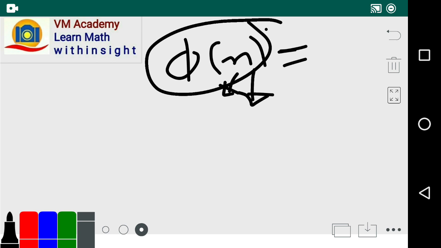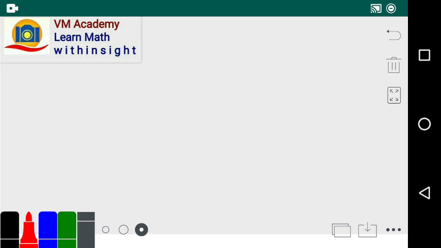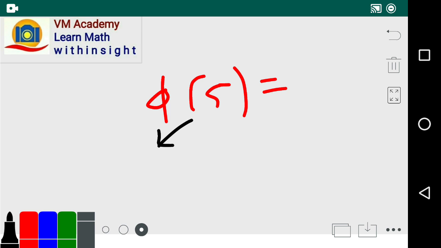Example, friends, phi of 3. The numbers that do not share any prime factor with 3 and are less than 3 are 1 and 2. So there are two numbers, and phi of 3 equals 2. Similarly, let us take 5. How many numbers are co-prime to 5?